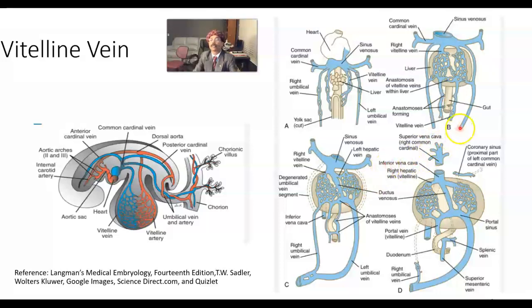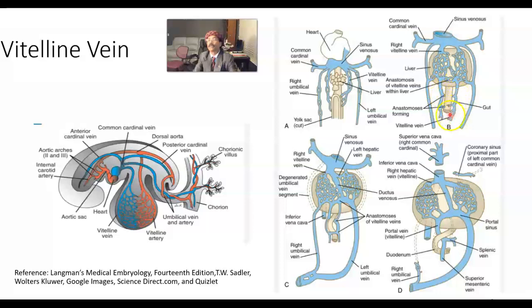What happens? The proximal part of the left vitelline vein disappears, and the dorsal anastomosis between the vitelline veins will form the portal vein with the right vitelline vein.